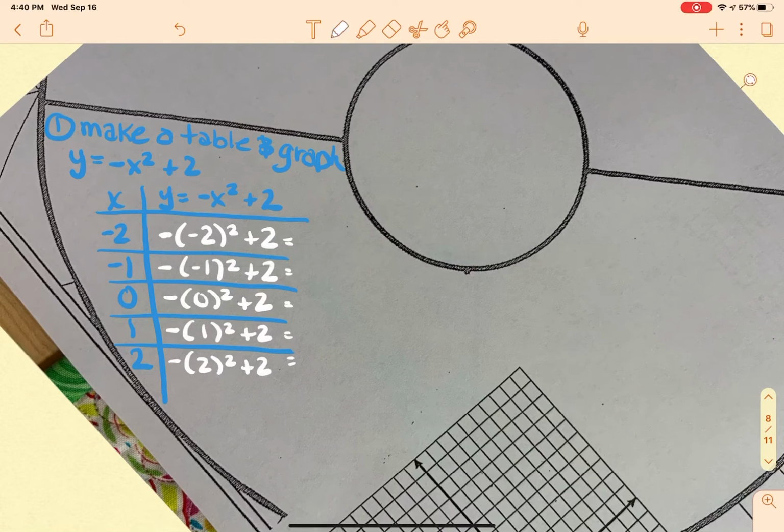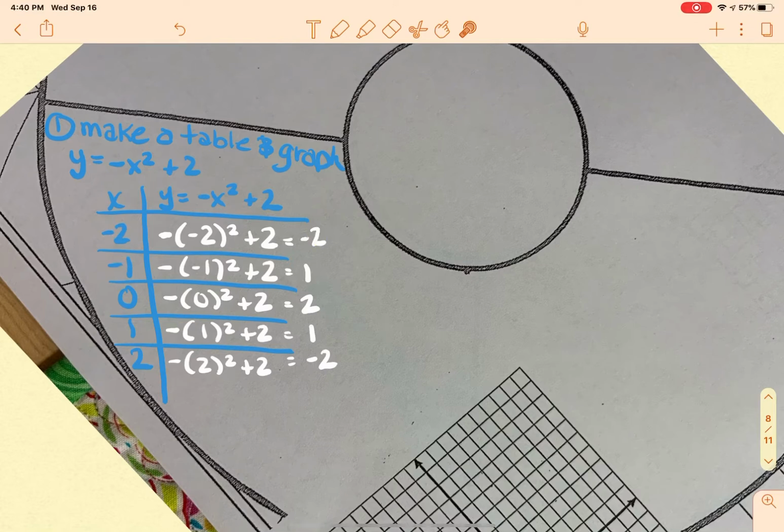So when I plug the first one in my calculator, I'm going to end up with negative 2. I'm going to end up with 1, 2, 1, and negative 2. Now, the good news is, thank the Lord, I can see that there are some patternings that are happening there. So we're going to put these together to make our points.